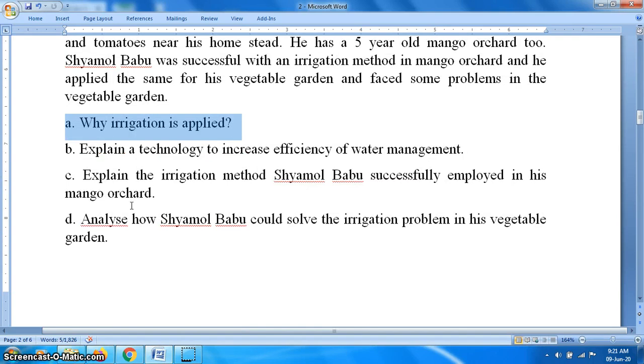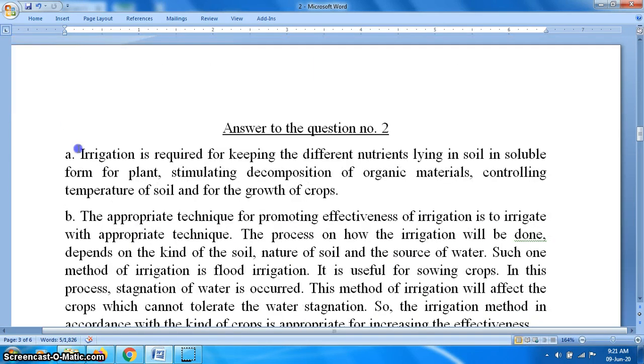Why is irrigation applied? The answer is, irrigation is required for keeping the different nutrients lying in soil in soluble form for plants, stimulating decomposition of organic materials, controlling temperature of soil, and for growth of crops.